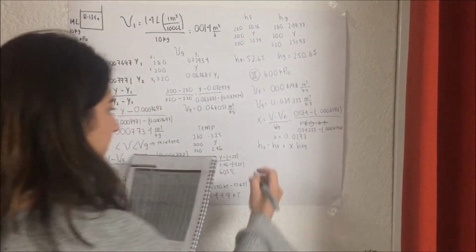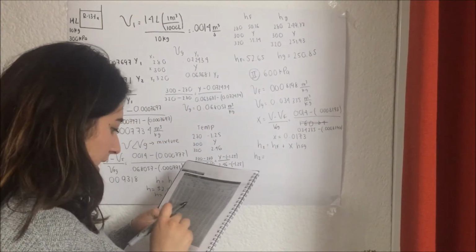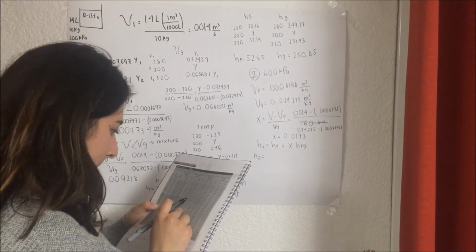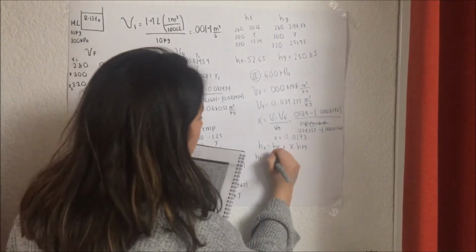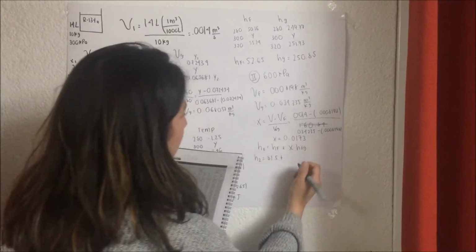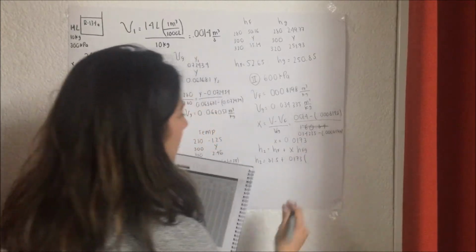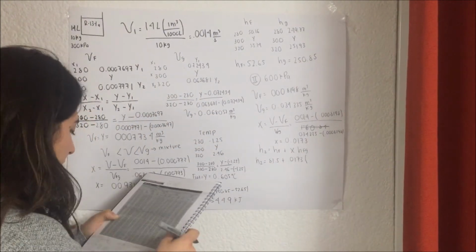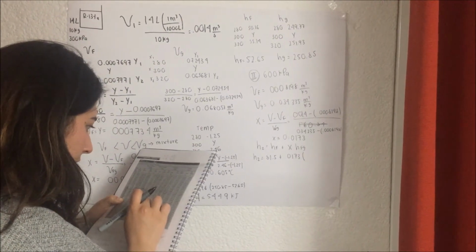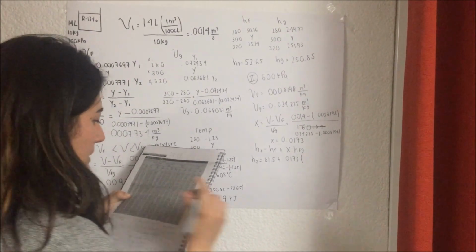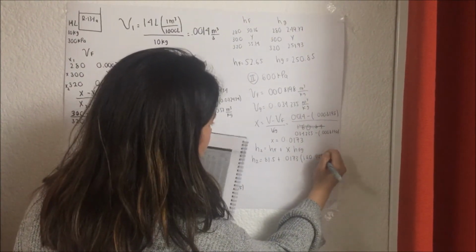So h2 equals our hf, which is 81.5, plus our x, that is 0.0173, times the hfg, which in this case is 180.95.